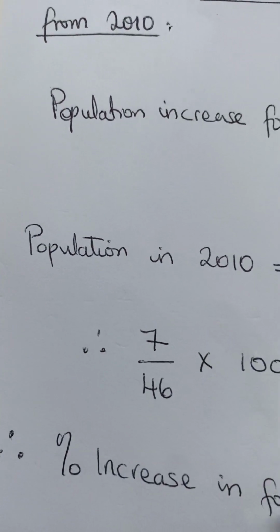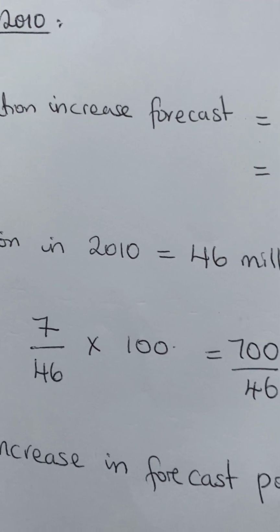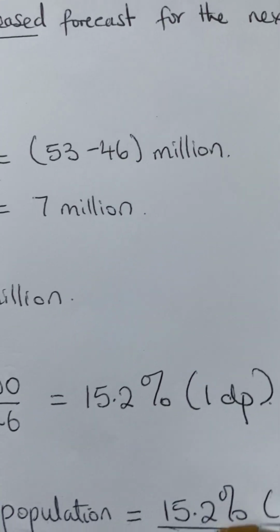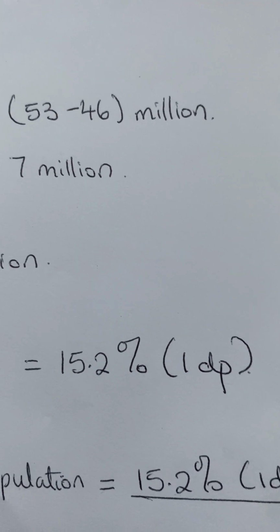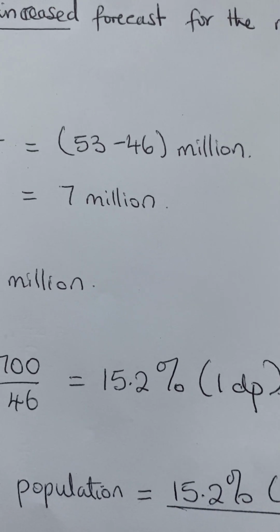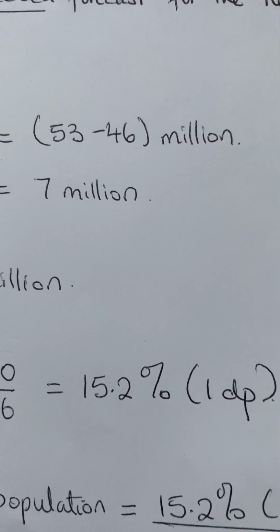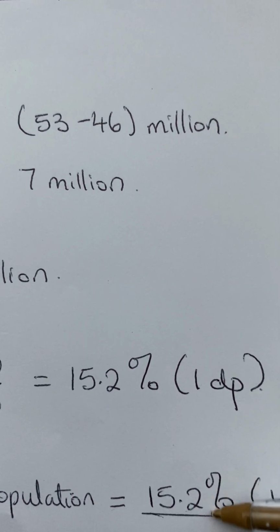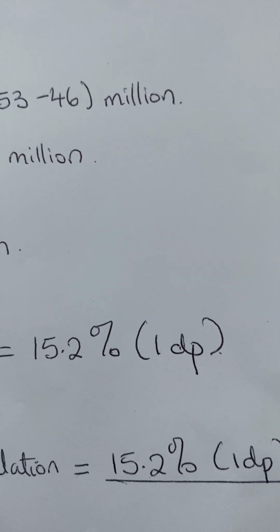So the percentage increase forecast for the population will be 15.2%. That is to 1 decimal place, or 15%, or whatever came after the point in the calculator, you can leave it in 2 decimal places.